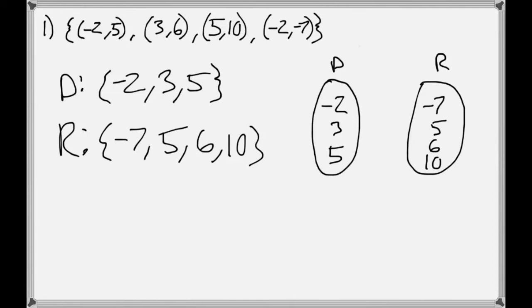So -2 corresponds to -7, -2 corresponds to 5, 3 corresponds to 6, and 5 corresponds to 10. And the issue that we have here is that -2 is corresponding to two different numbers. And you can't have that because a function is a rule that assigns to each element x exactly one element f of x or y. So this would not be a function because of that.